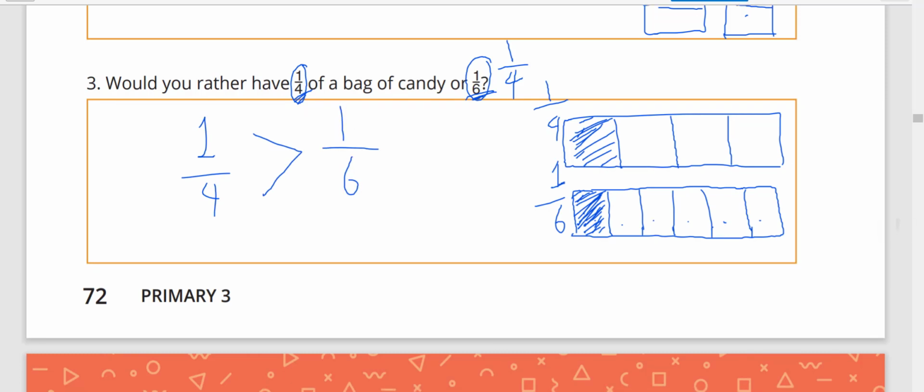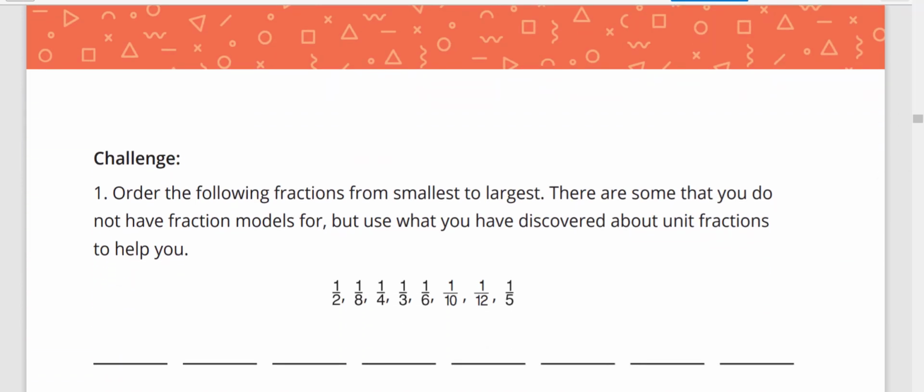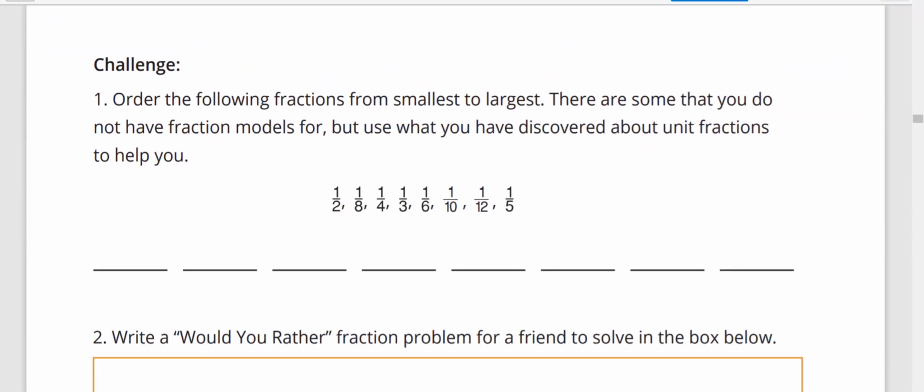The next page, challenge. Order the following fractions from smallest to largest. There are some that you don't have fraction models for, but use what you have discovered about unit fractions to help you. We learned before, when comparing unit fractions, the one with the smaller denominator is the greater.